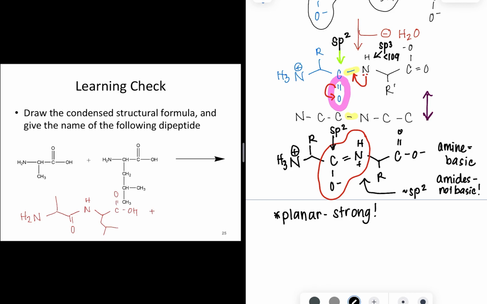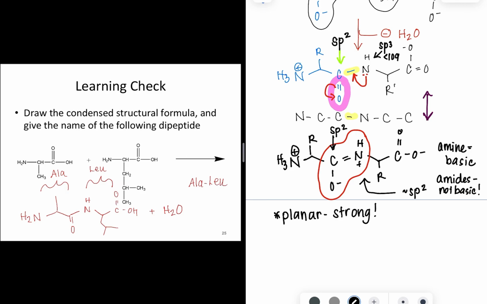I'm also going to draw my water molecule. This one is alanine. This one is leucine. So when I write out the name for this, I'm going to write ALA-LEU.